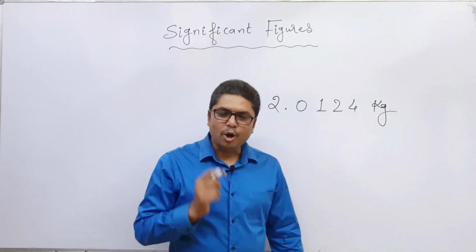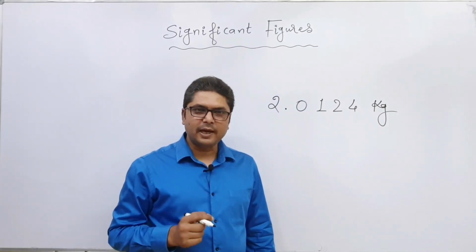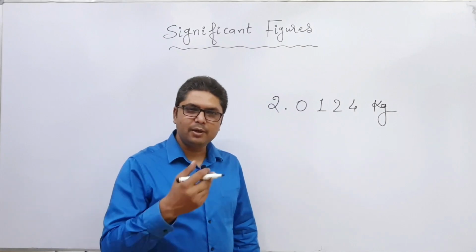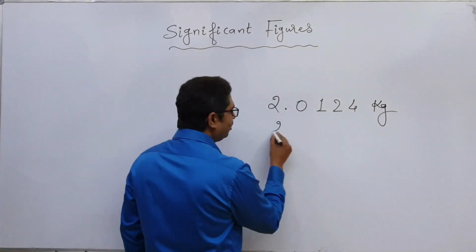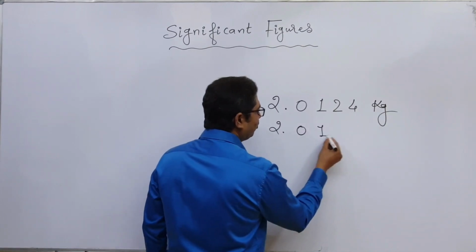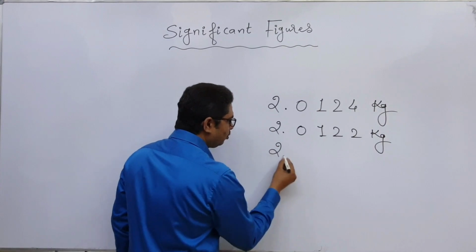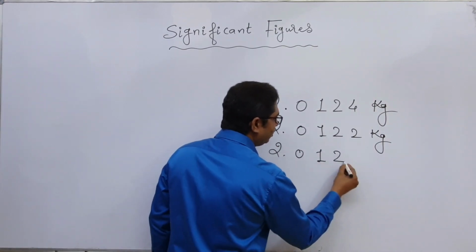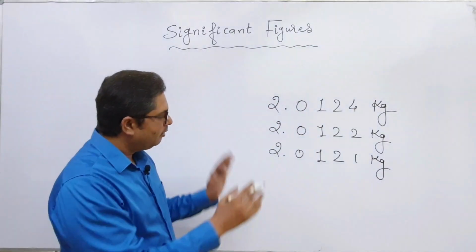Then you think whether the measurement is correct or not. For that you verify this on 2-3 different machines and you get the results 2.0122 kg, 2.0121 kg and so on.